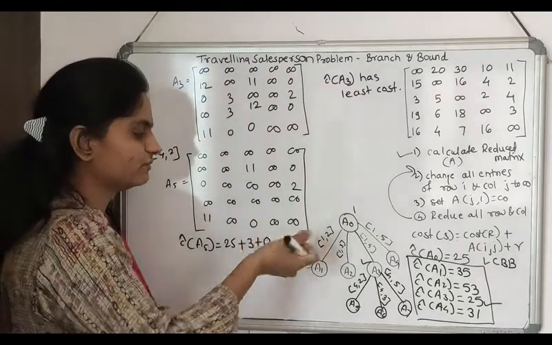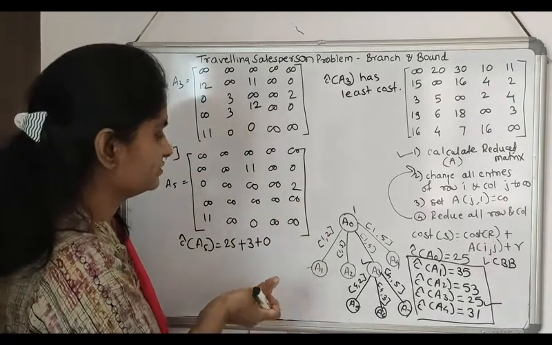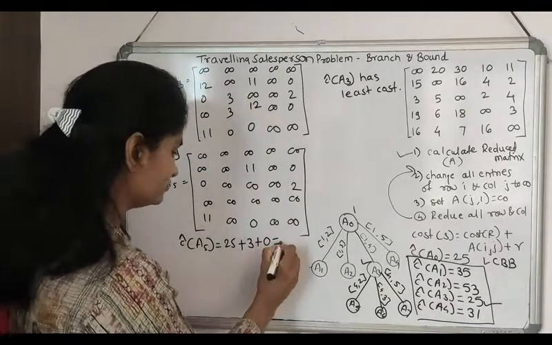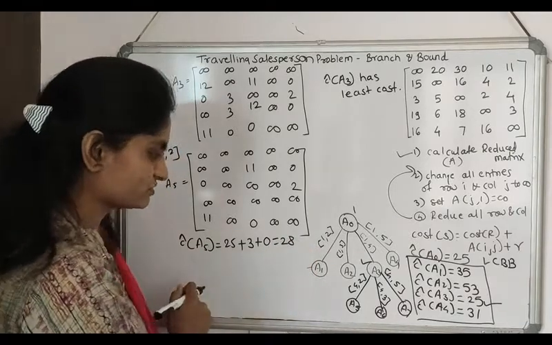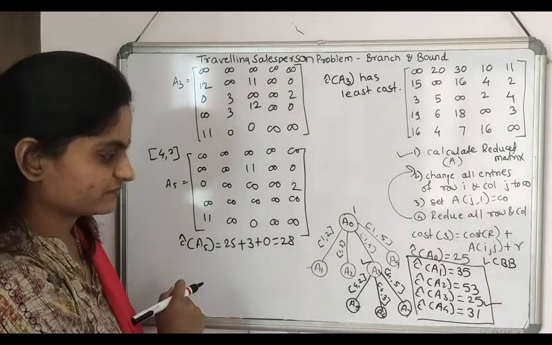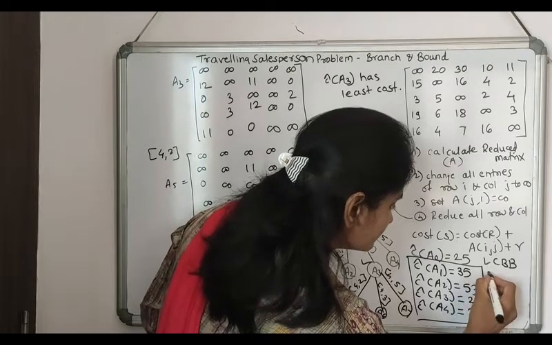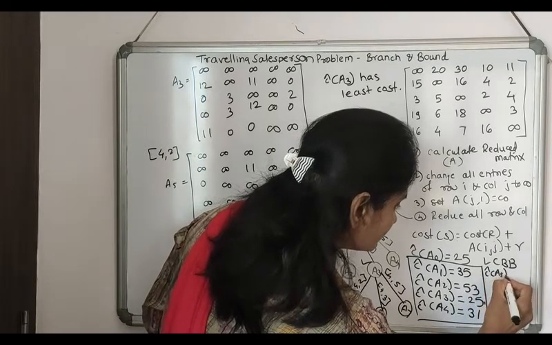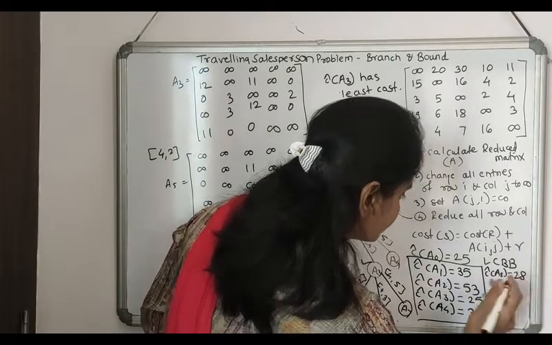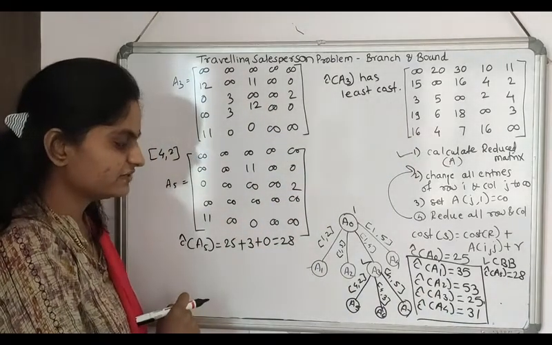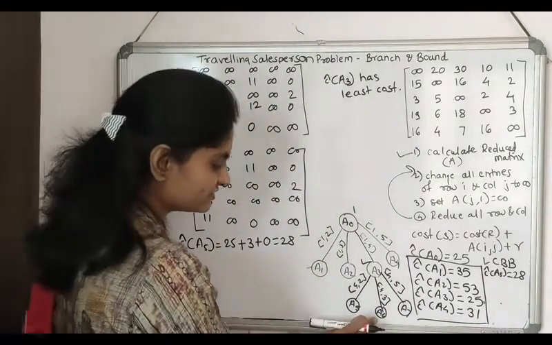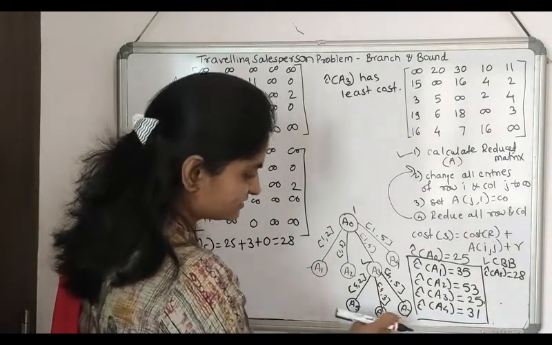There is no need to apply the row and column reduction. It is equal to 28. This is the cost C cap of A5. You can write here C cap of A5 is equal to 28.